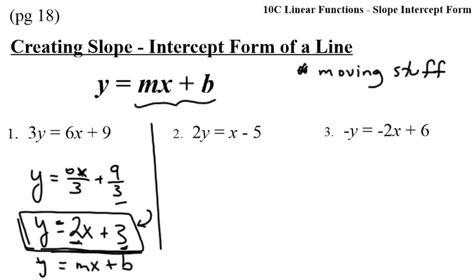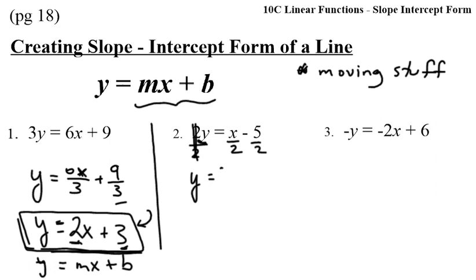Second one, want to get the y by itself, have to get rid of the 2. They're attached by multiplying, so I divide by 2. So I'm going to have to divide both pieces over here by 2. That's going to leave me with y, but now I have x divided by 2. That's a little tricky.